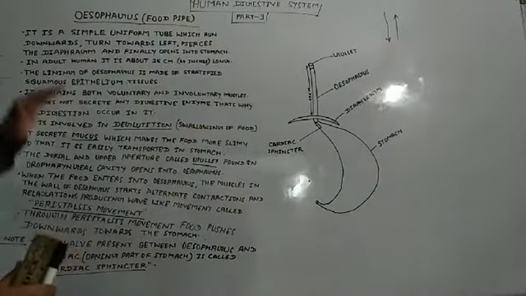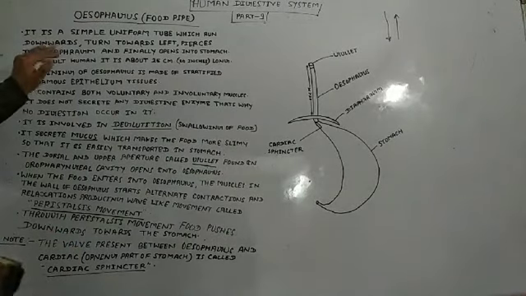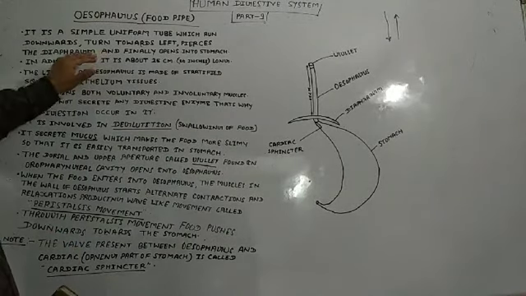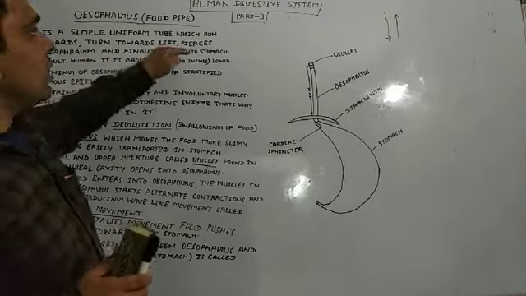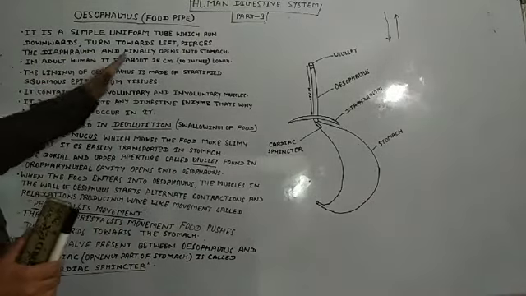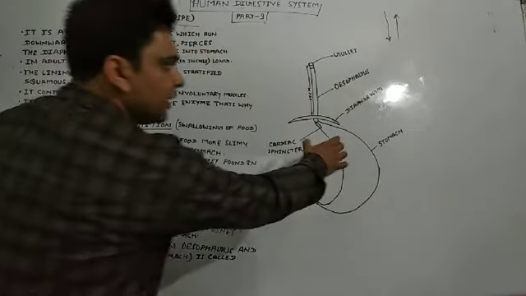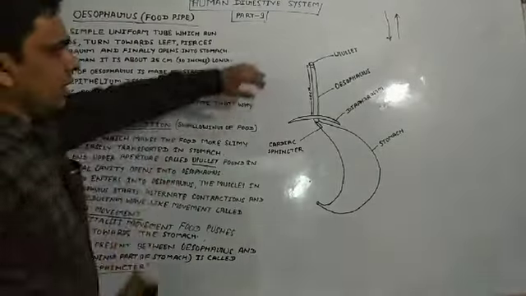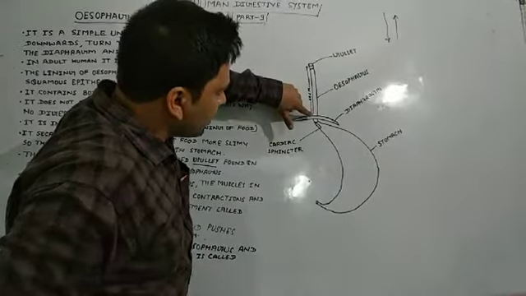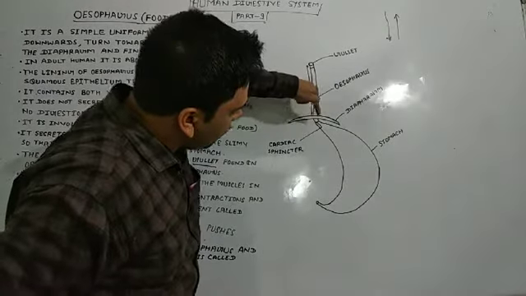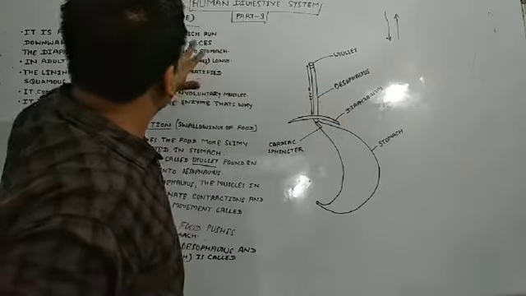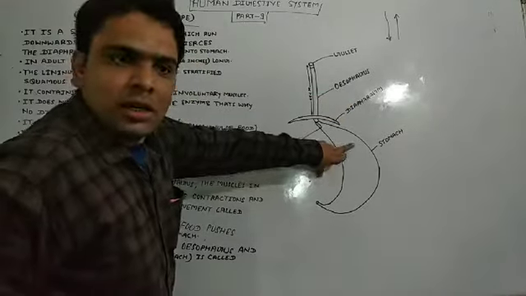So it is very much clear. It pierces the diaphragm and finally enters the stomach. You can see here also that this is the esophagus. It turns from here to the left and ultimately moves into the stomach.